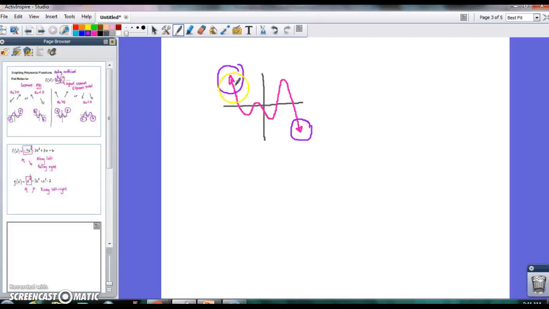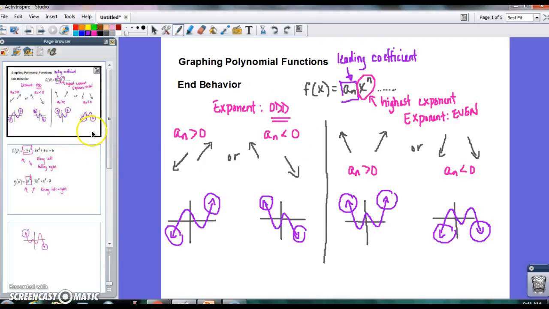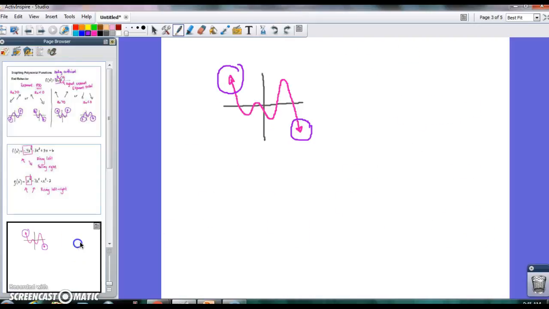Because I'm rising left and falling right, I have an odd degree and I have a negative leading coefficient. That's all that means. So you can figure that information out simply by looking at the graph.